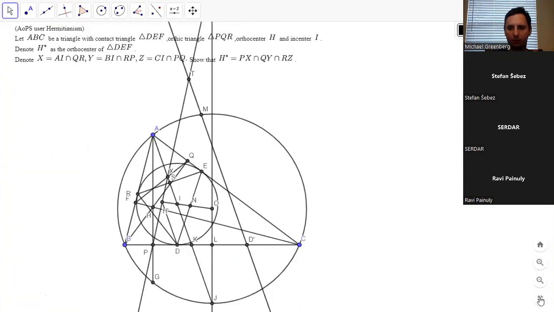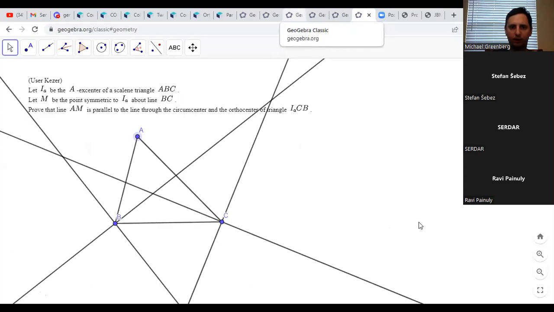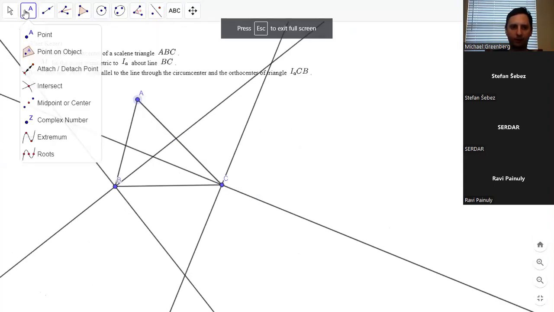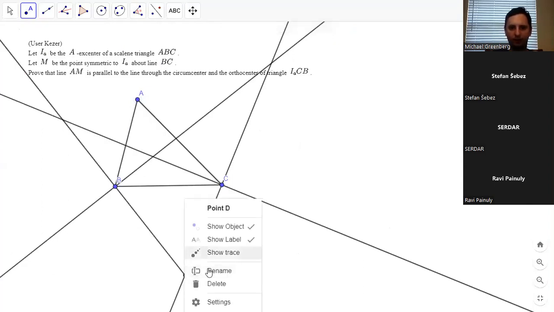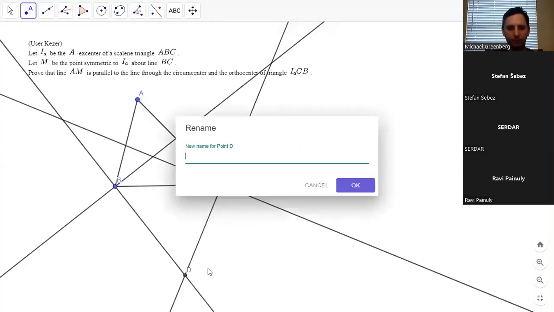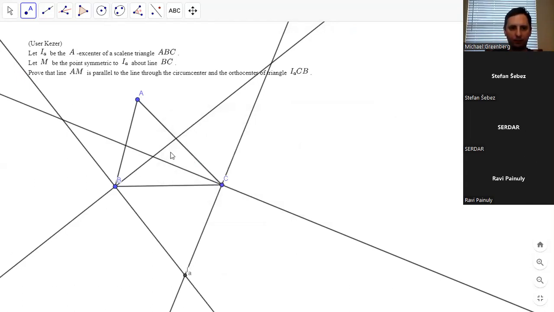Okay, so I'll go back to, let's try this one. So Stefan, you said you solved it earlier. Let's see if we can do this. So IA is this point. M is the reflection of IA over BC.